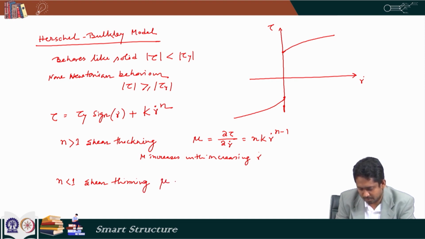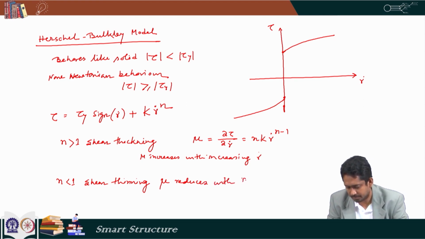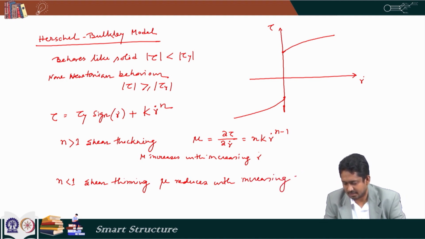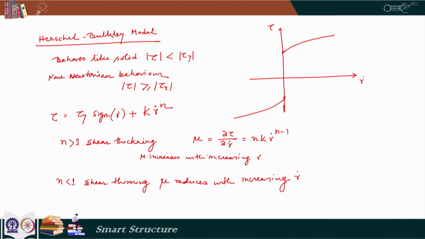So, mu reduces with increasing gamma dot. So, Herschel-Bulkley model is a more generalized model. Bingham plastic model is a special case of it.